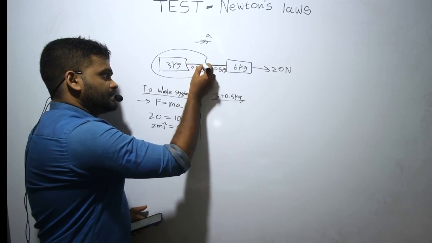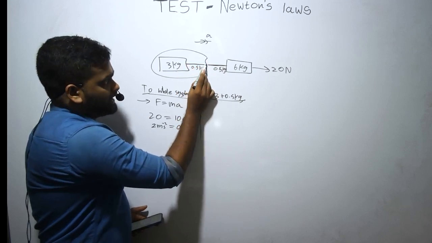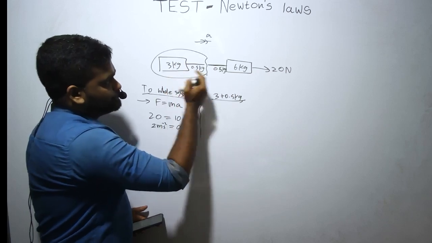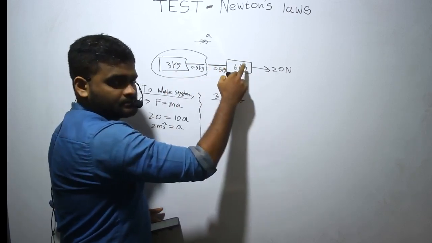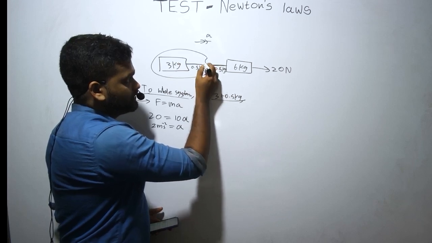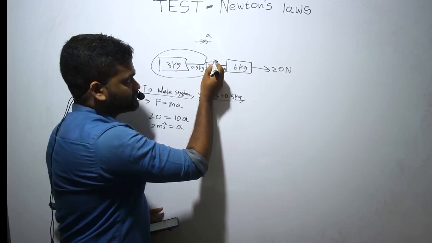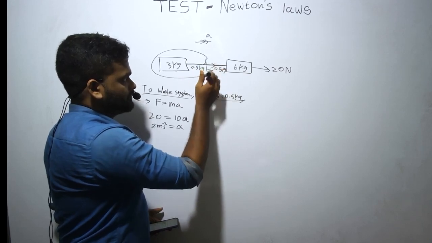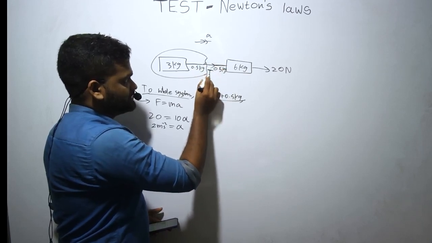Now carefully understand. At this point, there's a tension. So this part is pulled by this part. So the tension here on the system should be in this direction, T. This tension is on this system.